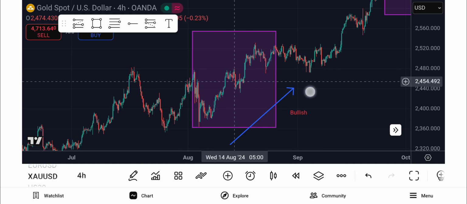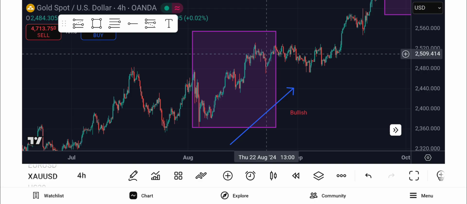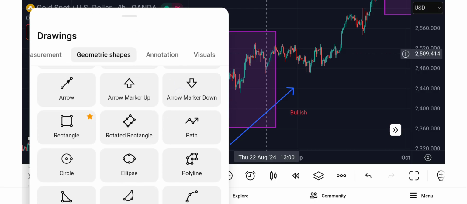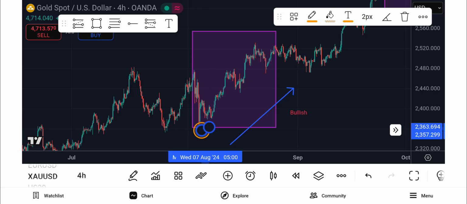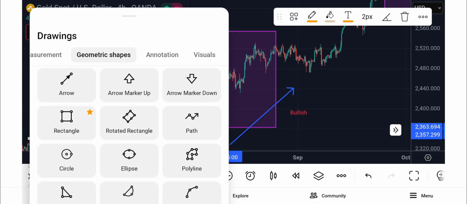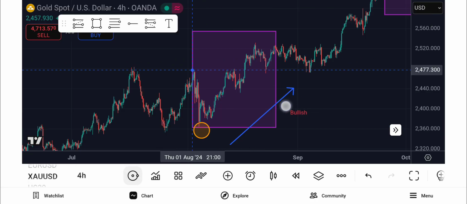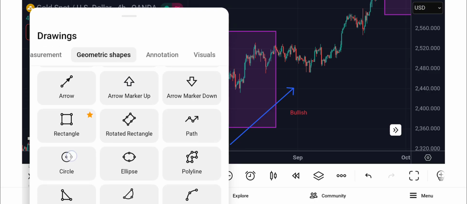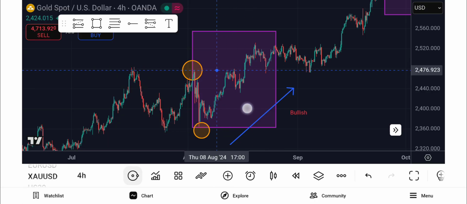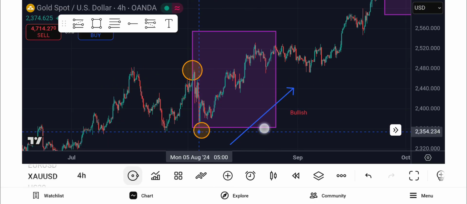So how do we identify that this is a bullish trend? You're gonna go for the start of it. Let's say this one right here starts it. This is a low, right? And this is the high.